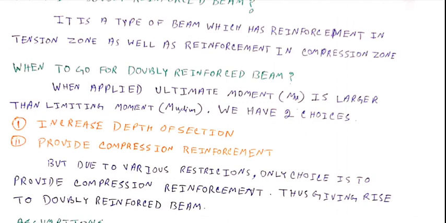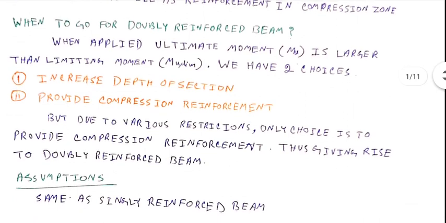That means the basic concept is that when depth is restricted in any design, maybe due to aesthetic purpose, maybe due to architectural purpose, or any other purpose, mainly in that case we have to provide a doubly reinforced beam to carry the total moment. The assumptions are the same as a singly reinforced beam.